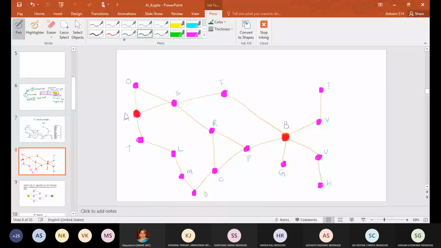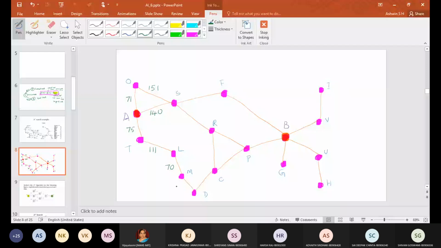I'll just give the data. Some steps I can tell you, or else you can do it later. So this is 71. This is 151. This is 140. This is 75. This is 111. This is 70.